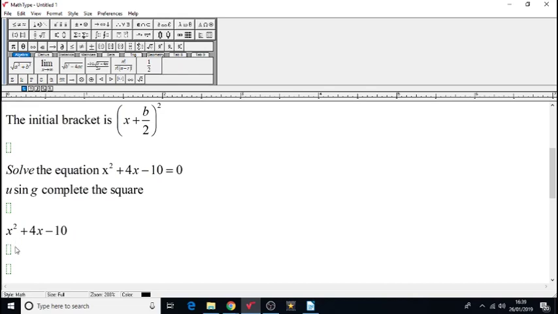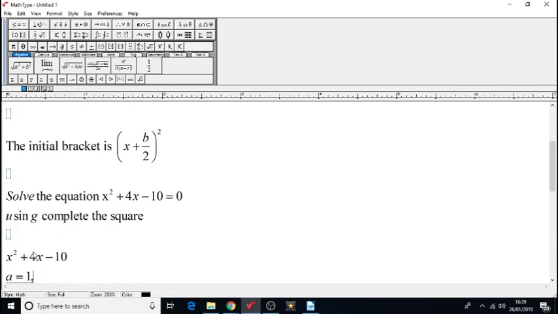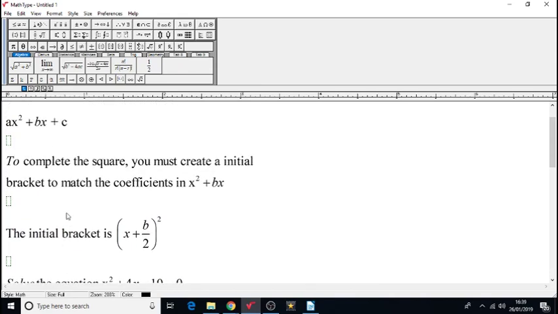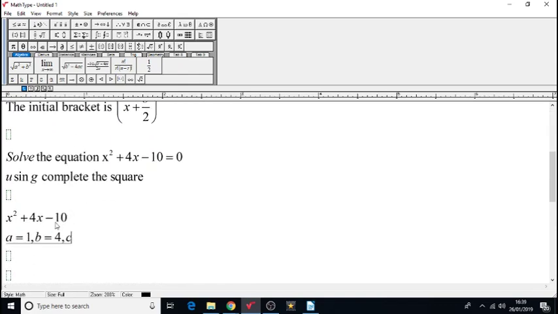So for this equation, a will equal 1, as I've explained in the beginning of the video. B, because the quadratic is written in the form of plus bx, this is plus 4x, so therefore b is equal to 4. And c, because it's plus c, and this is minus 10, therefore c is equal to minus 10.